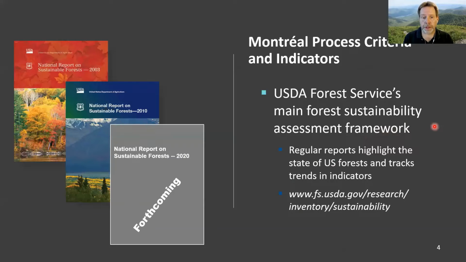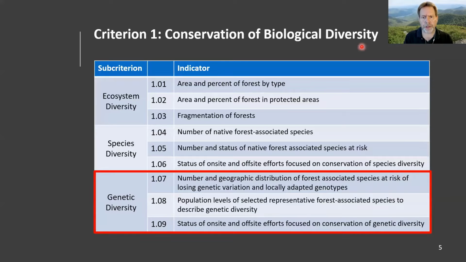The U.S. Forest Service uses the Montreal Process CNI as its main forest sustainability assessment framework, and it publishes regular reports to highlight the state of U.S. forests and tracks the trends in those 67 indicators. So the first criterion of the 7 is conservation of biological diversity.